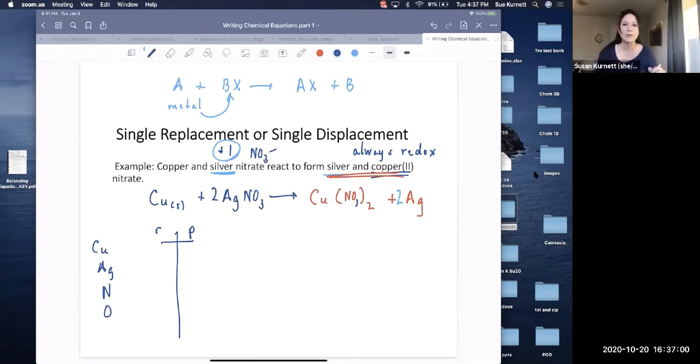This T-table is really just for you to verify that you have balanced things correctly. When you show me your work, I don't need to see that. You need to use T-tables until you don't need them anymore. Think of them as training wheels to make sure you got the right answer. And when you're comfortable without them, you can just do it in your mind. That's totally fine.